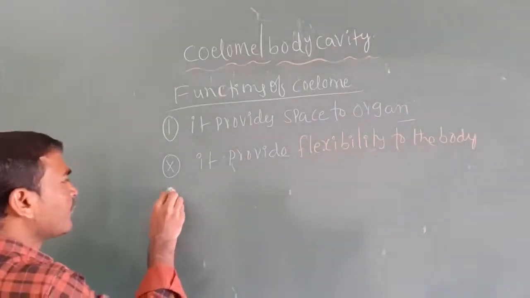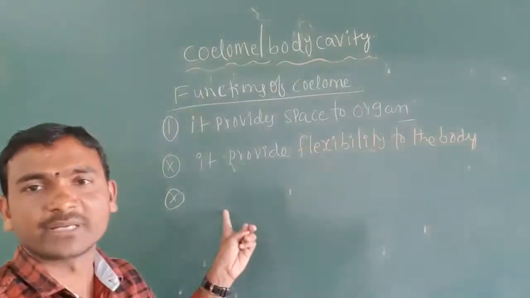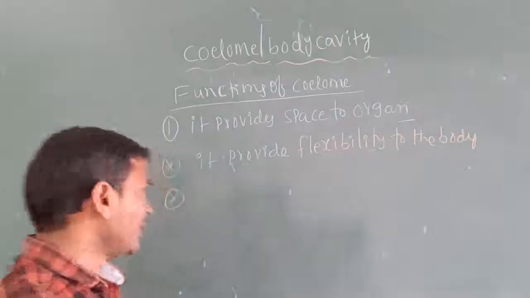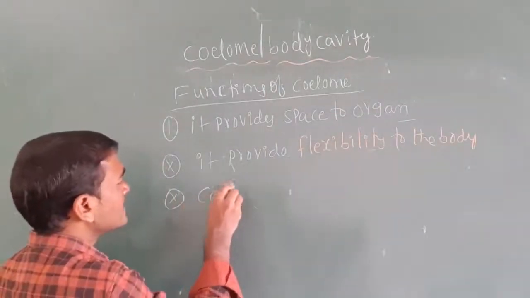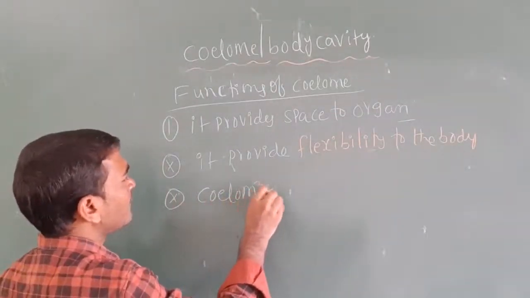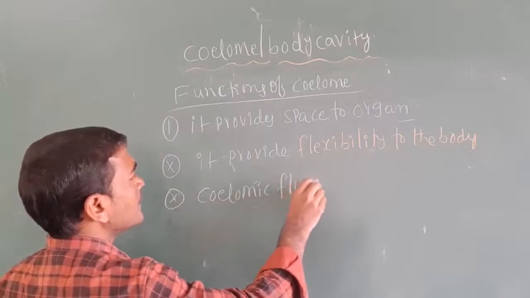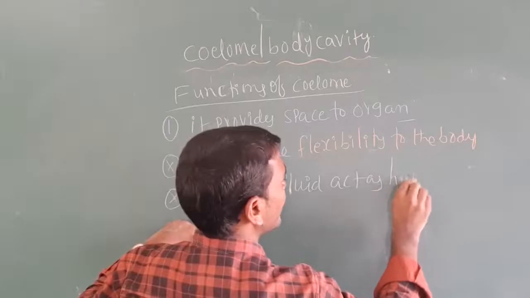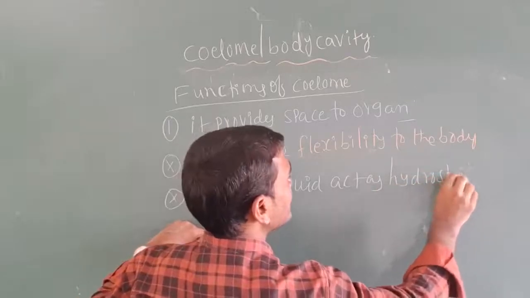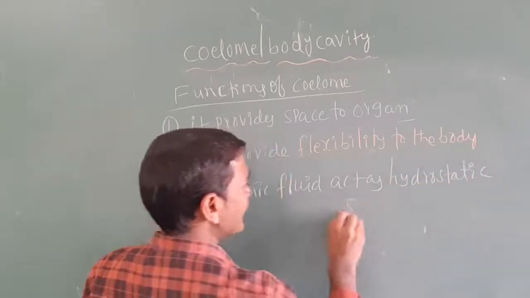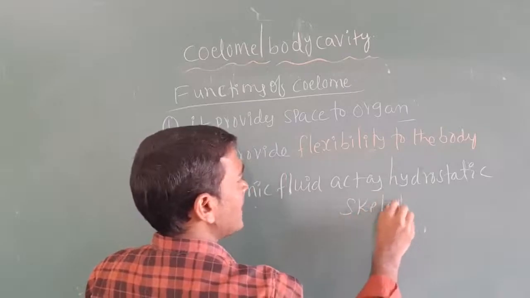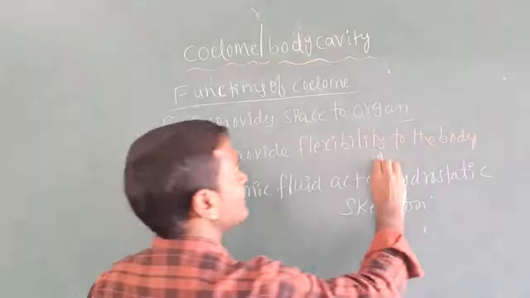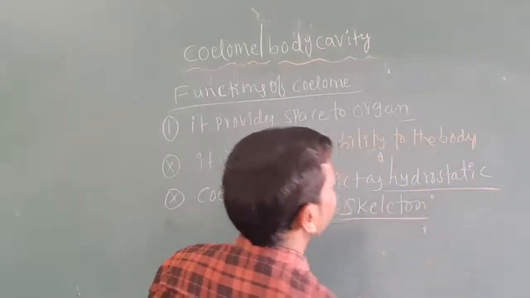The fluid between the body wall and alimentary canal is the coelomic fluid. The coelomic fluid acts as a hydrostatic skeleton.